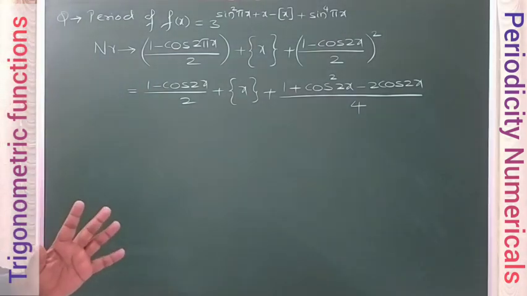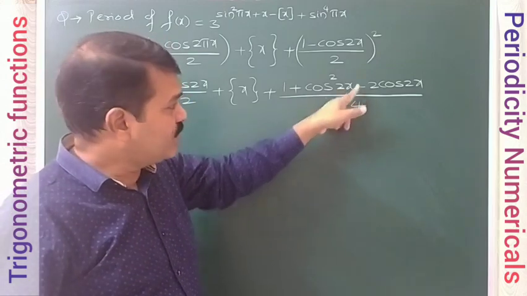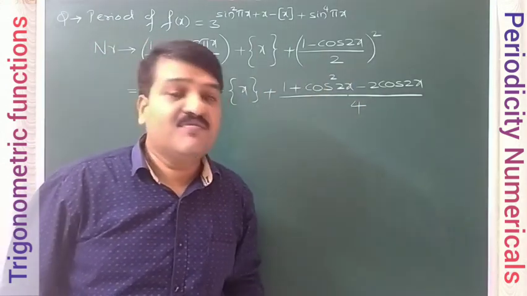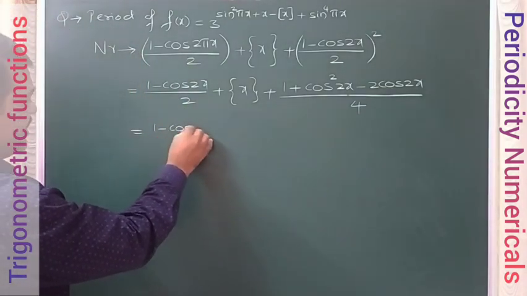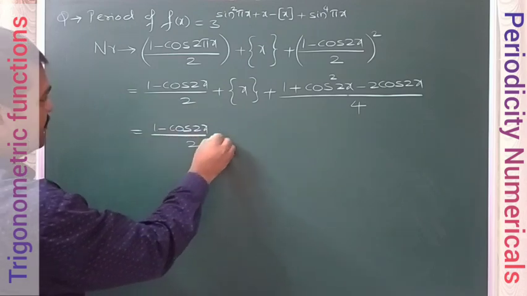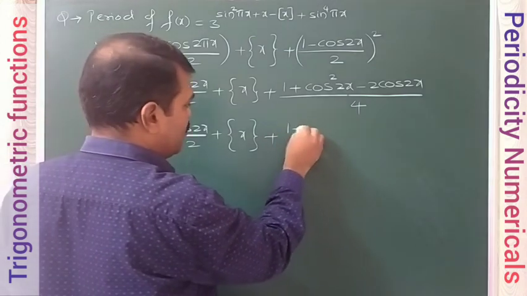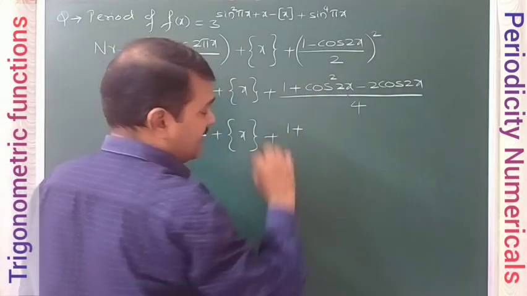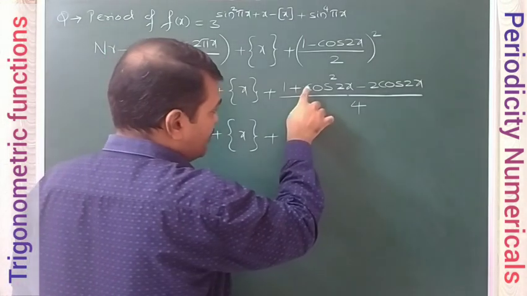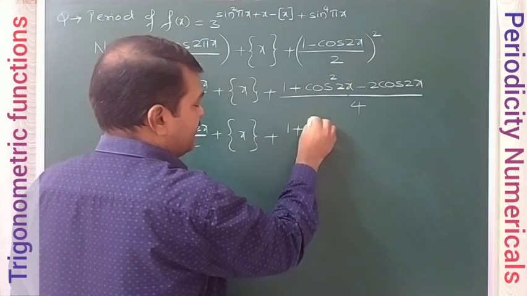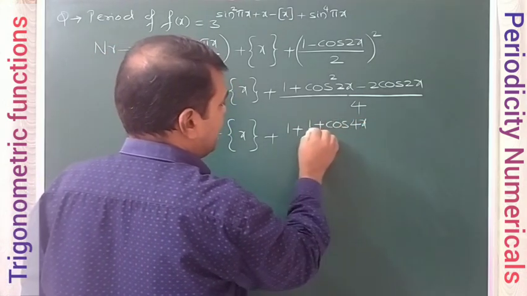Still we cannot apply the formulas directly because we have a cos square function here. If I modify this, then I can use the individual period formulas. So 1 minus cos 2 pi x by 2 plus the fractional part of x plus the a minus b whole square expansion, where cos square theta can be written as 1 plus cos 2 theta by 2.